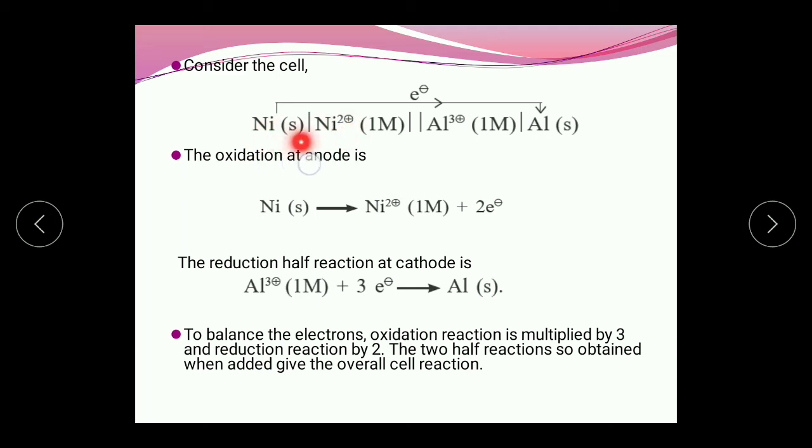So the electrons released here will travel through the salt bridge towards the cathode, where they are gained by the ions of the solution. And here the electrode gets converted into ions. That means the electrode gets dissolved and converted into Ni plus 2 with the release of 2 electrons, and aluminum plus 3 ions from the solution accept those electrons coming from the anode and get converted into neutral aluminum.